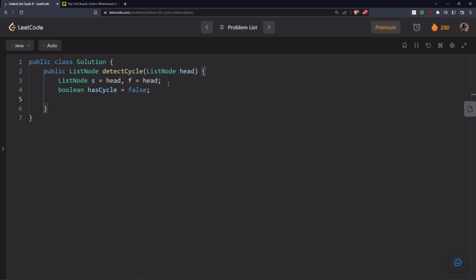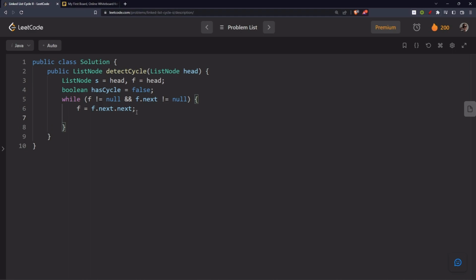Let's see how. While fast is not null and fast's next is also not null, we are going to move fast by two places. We check fast's upcoming nodes for null because fast is moving faster and slow is lying behind, so fast is going to discover a null node earlier.